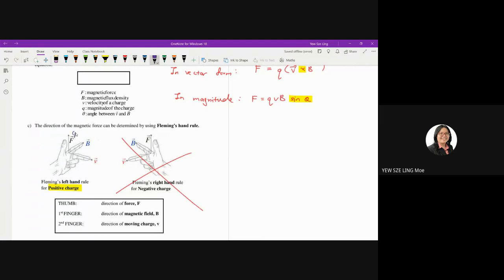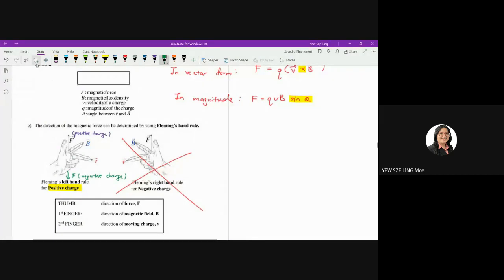This is the force for positive charge. If you have a negative charge, then it simply comes out from the other side. This is the force for negative charge. Use just one hand. Why? Because if you use both hands, then you will get confused. In chapter 5, you will have a Fleming right hand.